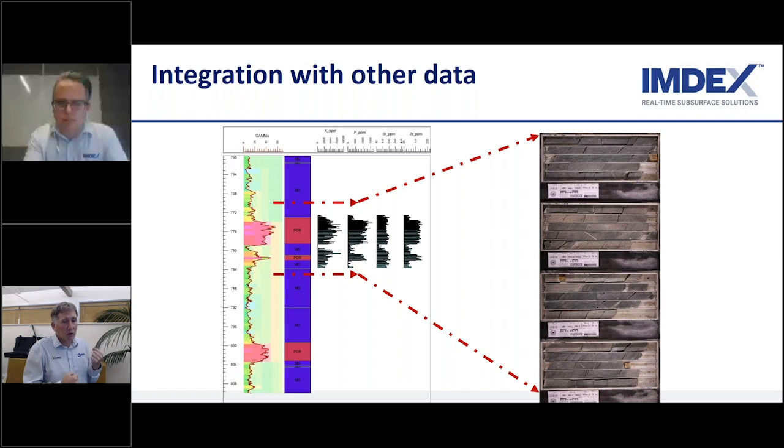Even if you're in really fractured and poor recovery ground, you've got a consistent gamma signal down your drill hole, even at times when you can't recover core, or you're recovering poor quality core. So one of the nice things is a consistent data set that you can then feed back into what you can do with the core that you do recover. That's a great question and a great use of gamma in that way.